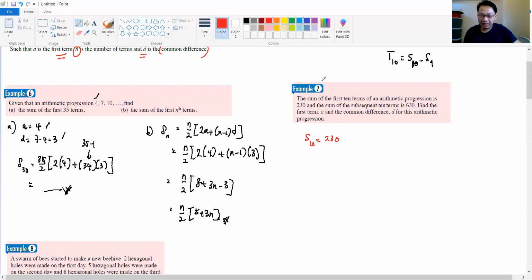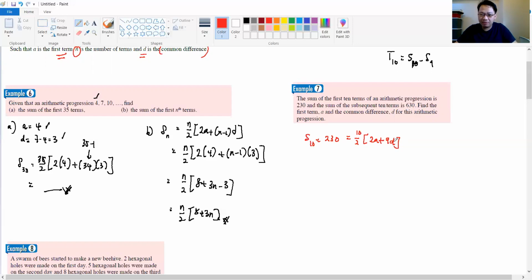So we try to elaborate S10 by using the formula: 10 over 2, bracket 2a plus n minus 1 d. N minus 1 means 10 minus 1 because n is 10, that's why we get 9d.